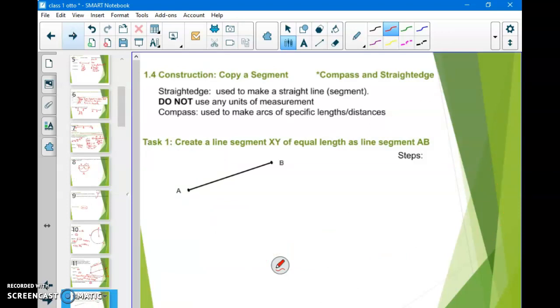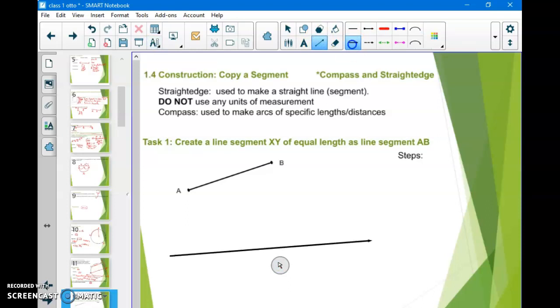Alright, straight edge used to make a straight line. Hopefully you all have some kind of straight edge. Do not use freehand. Compass is used to make specific arcs, to create a line segment XY. I'm going to make a line with my straight edge. Notice it's not the same length.